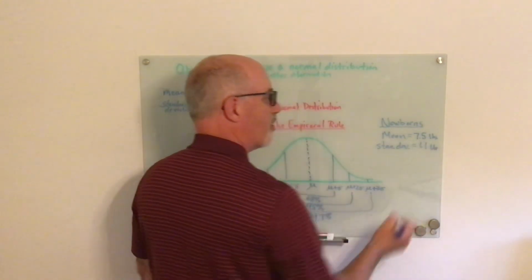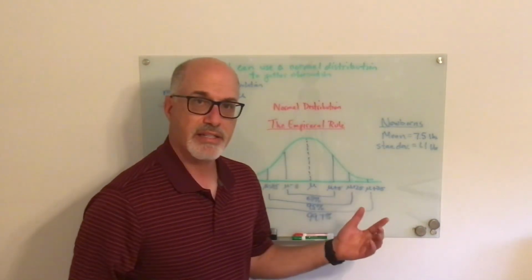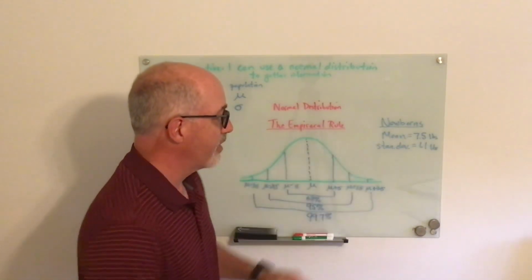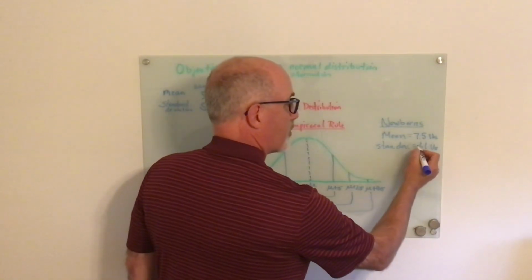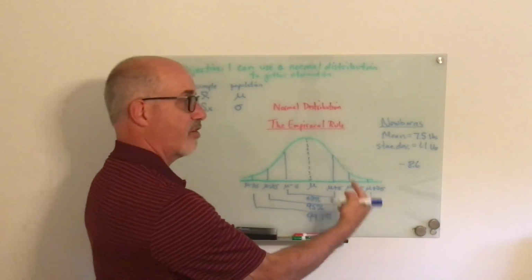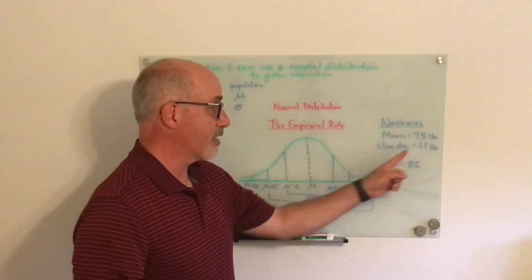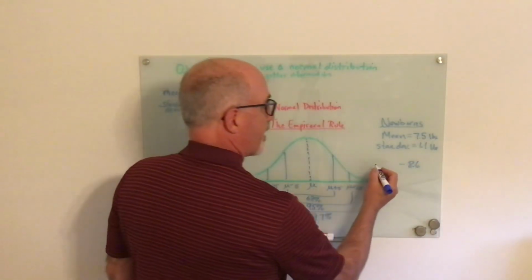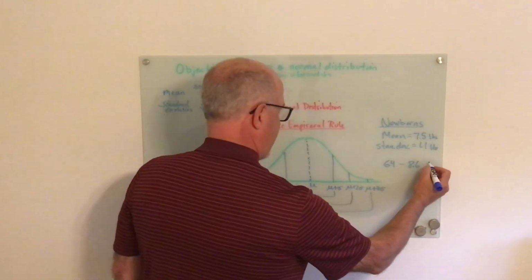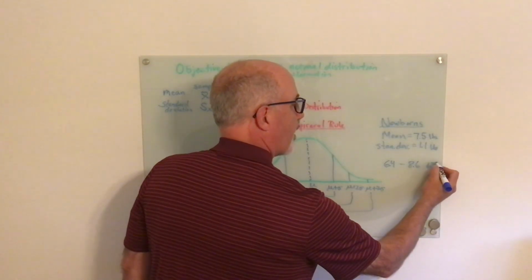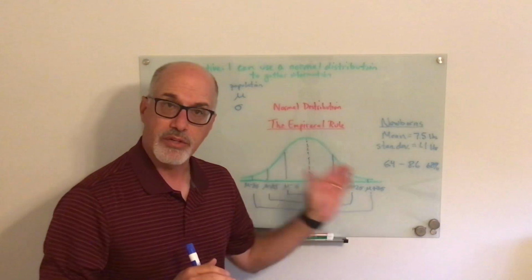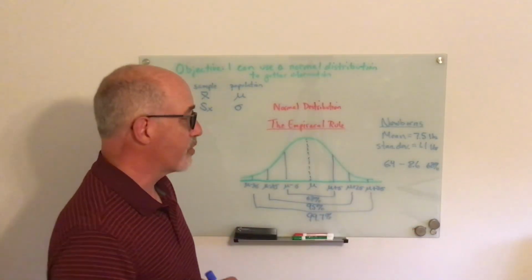So what that tells us is that if we go one standard deviation above, that would be up to 8.6, and if we go one standard deviation below, take the mean and subtract the standard deviation, that would get us to 6.4. About 68% of newborns will fall into that range of values as a normal distribution.